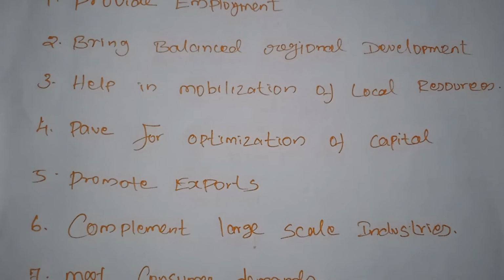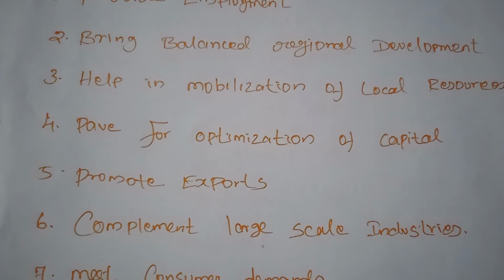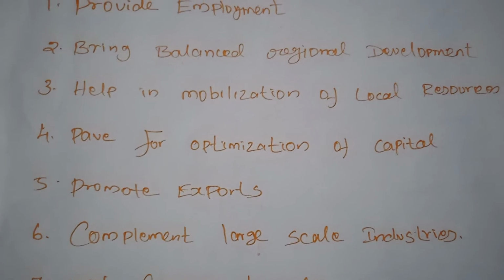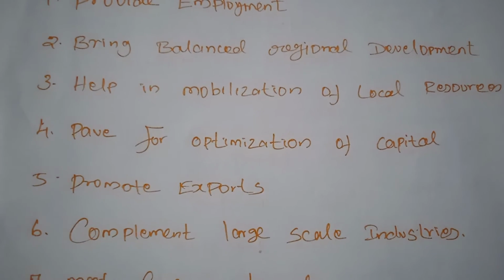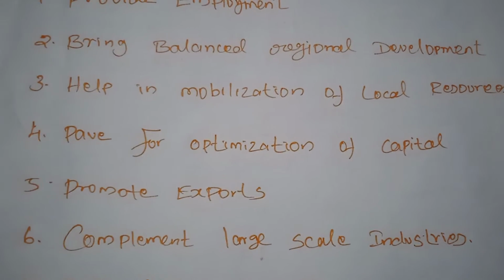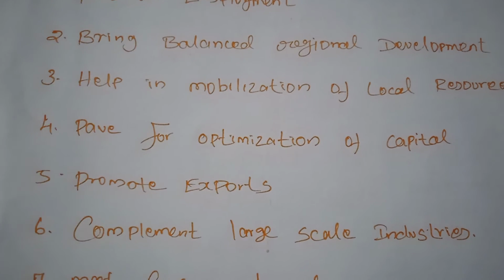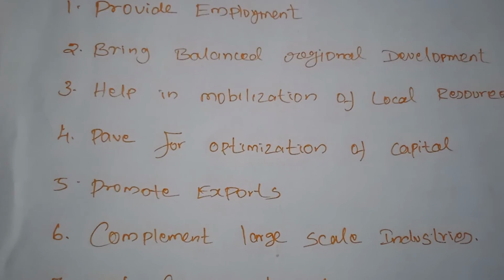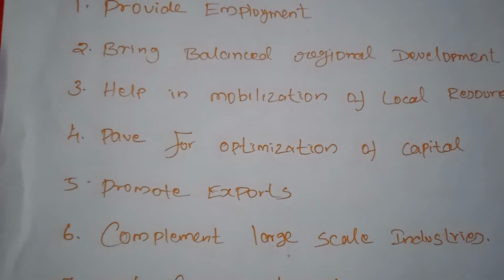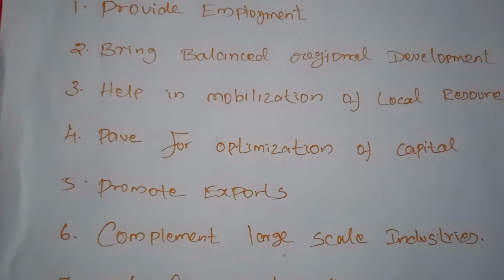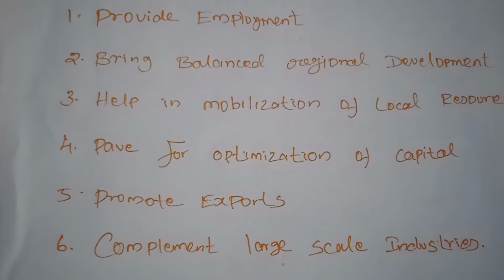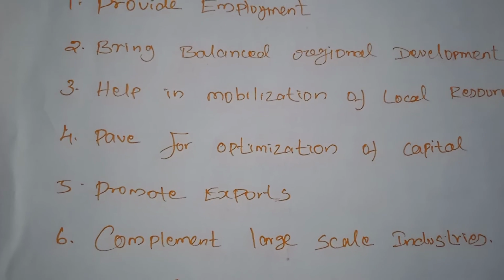In this sense, monopolies will be removed, and income concentration will also be removed from our nation. The possibilities held by entrepreneurs of large scale industries are also held by small scale entrepreneurs.